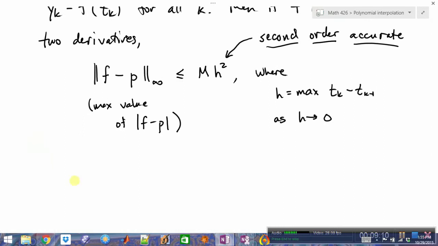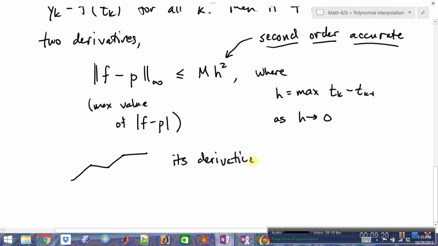And the other big disadvantage of this piecewise linear interpolant is that its derivative is not continuous. Technically, it doesn't even really exist at each one of those points where there was a node, unless you happen to get lucky and the two join together to make a single straight line.